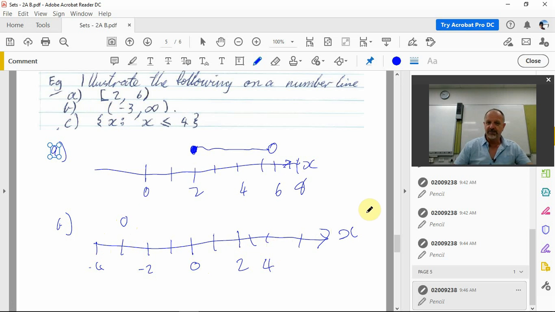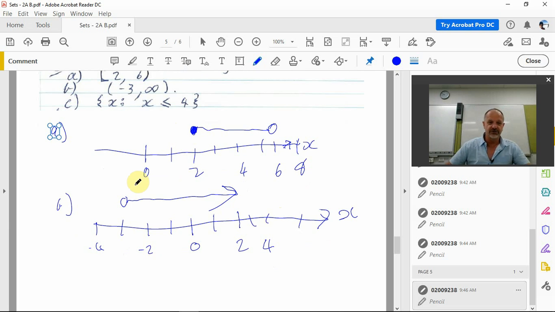To infinity, that's up here somewhere, way up there. So what we do to indicate that it's way up there somewhere is just use an arrow and point, like so. And this next one, less than or equal to 4, I'll just do that under here.